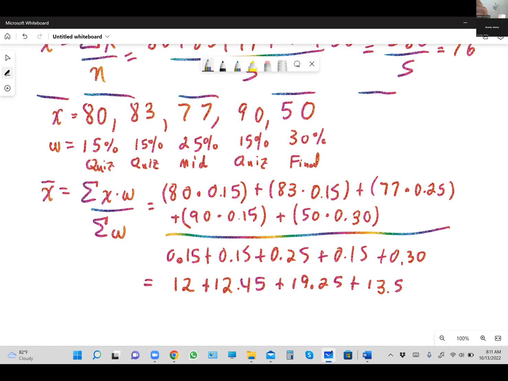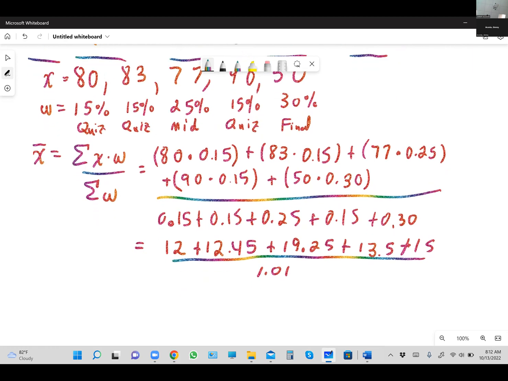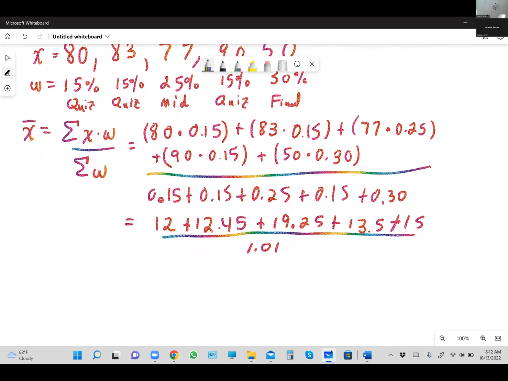And then 50 times 0.30 is 15, divided by 0.15 plus 0.15, that's 0.30, plus 0.15 more, that's 0.45, and 0.45 plus 0.25, that's 0.70, and 0.70 plus 0.30, divided by 1. It doesn't always come out to 1, but in this case, since we're doing test scores, it comes out to 1.